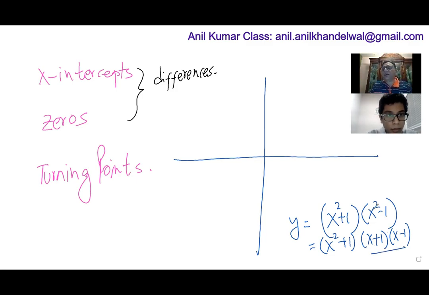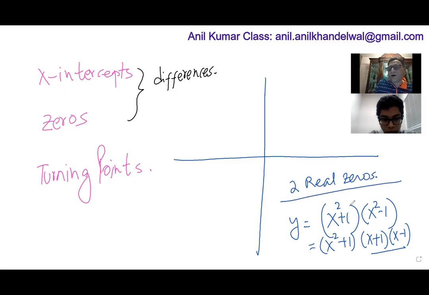If you use a graphing calculator, when you see its graph, you will only see 2 zeros. So this example gives me 2 real zeros. However, there are 2 other zeros because of this, which are imaginary.